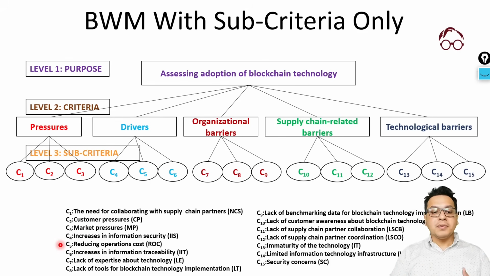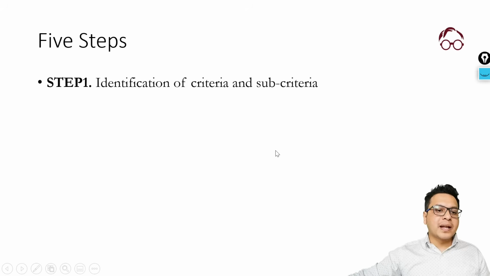So normally you will come up with these criteria and sub-criteria again based on a literature review or interviews with the experts, right? Great. And for a study with criteria and sub-criteria, or only criteria, you would have these steps. Typically these 5 steps. Step 1 will be identification of the criteria and sub-criteria.